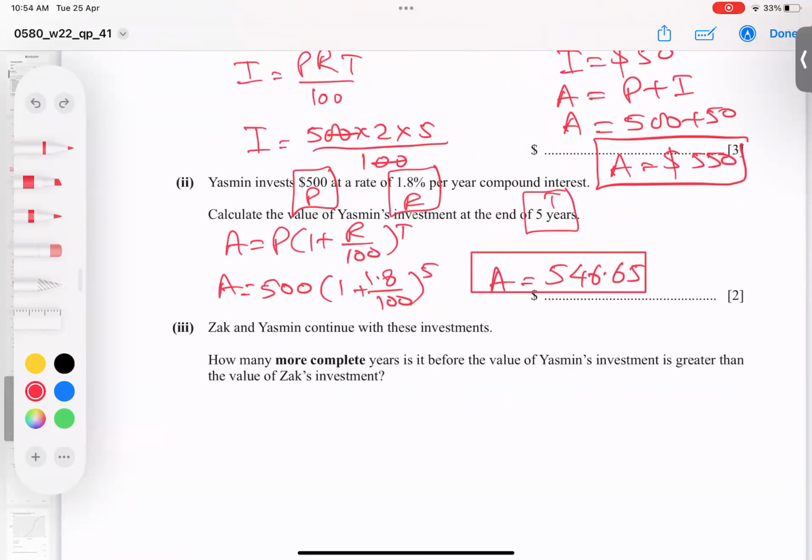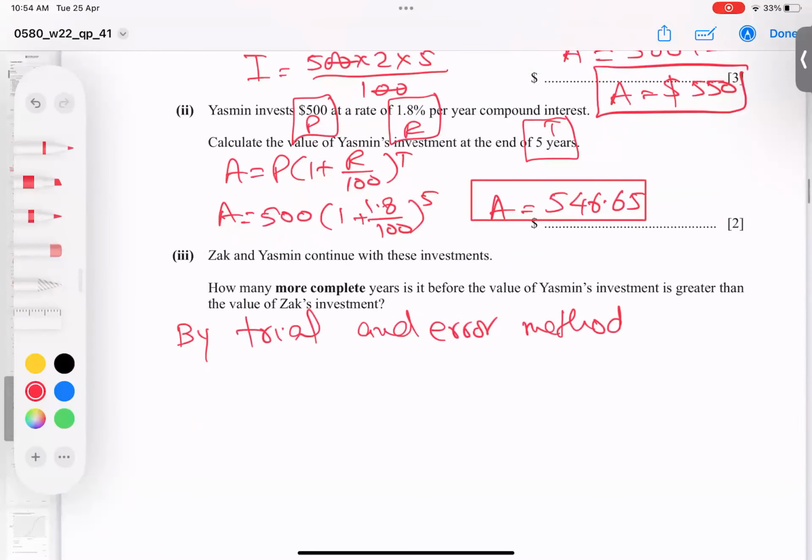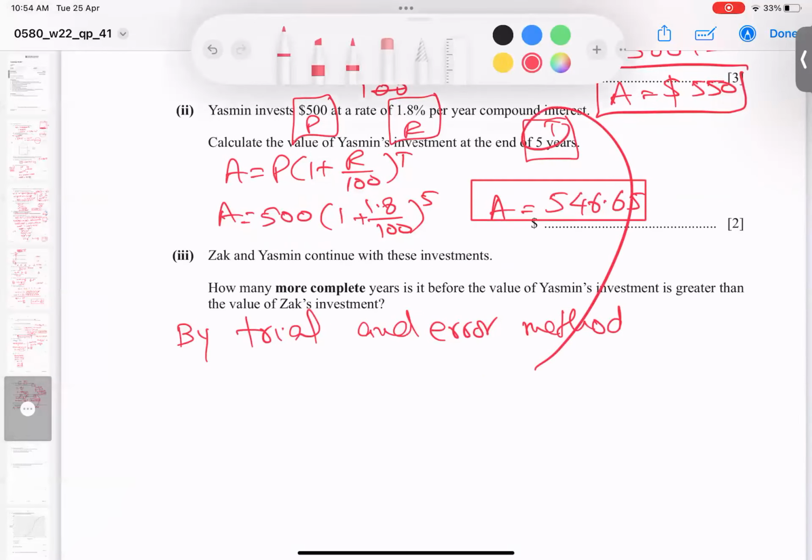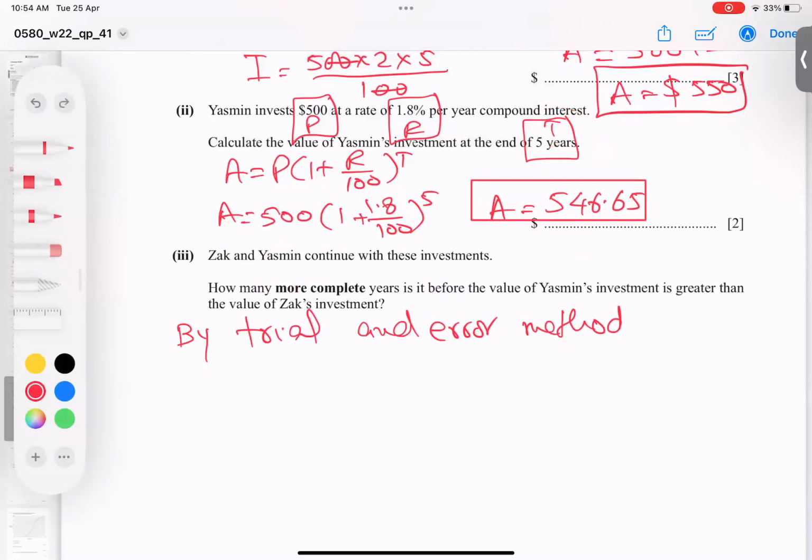Then I will use what is called the trial and error method. I first have 5. Now I will apply the same formula, A equals P. What is the formula? Are all of you familiar? P is 500, R is 1.8.